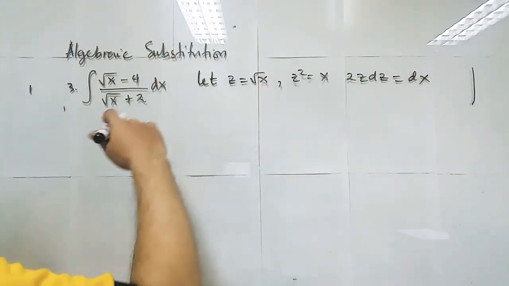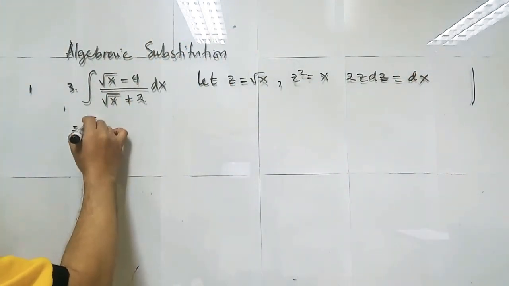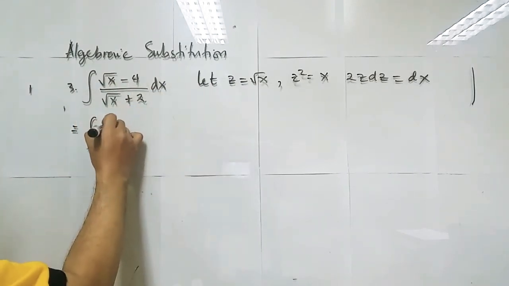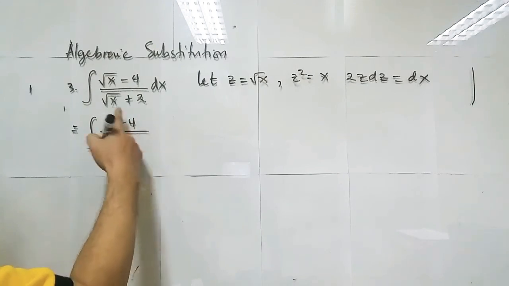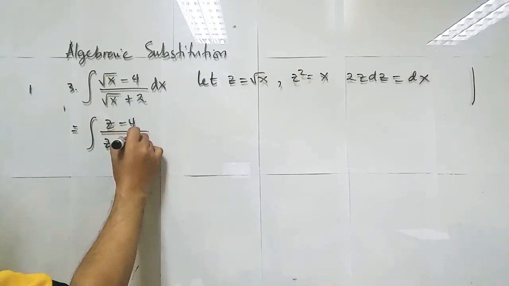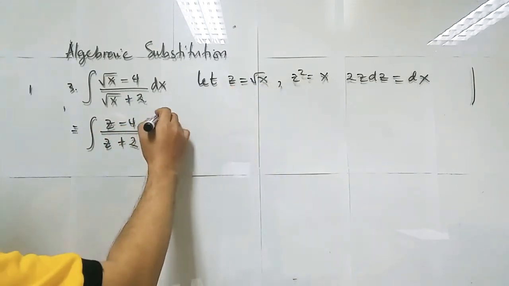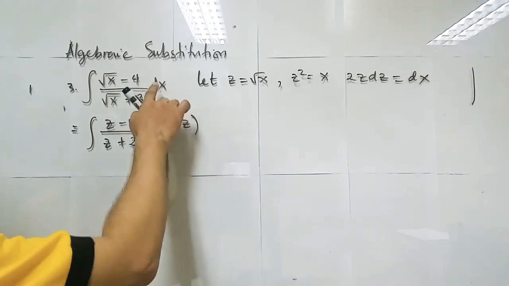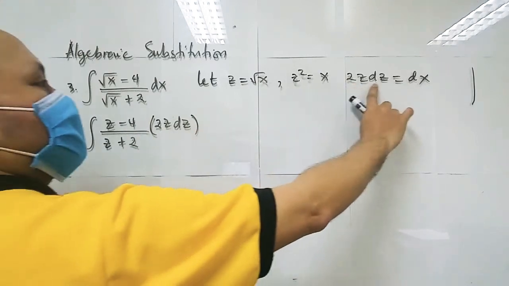So this time substitute. Instead of square root of x, we have z minus 4 divided by z plus 2, and dx is 2z dz, which is the equivalent of dx from this one.